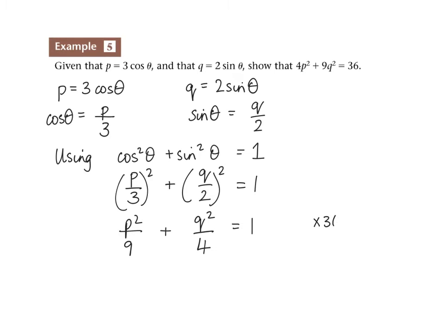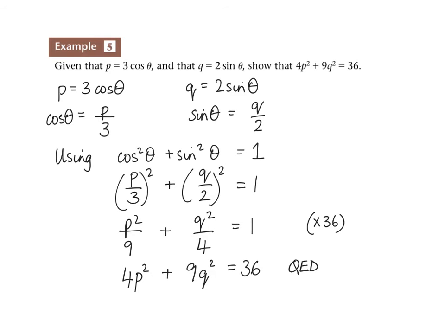And we've got to multiply by 36 because that's the lowest common multiple of 9 and 4. So that would give us 4p squared plus 9q squared is equal to 36. So again, we've shown that using our identities.